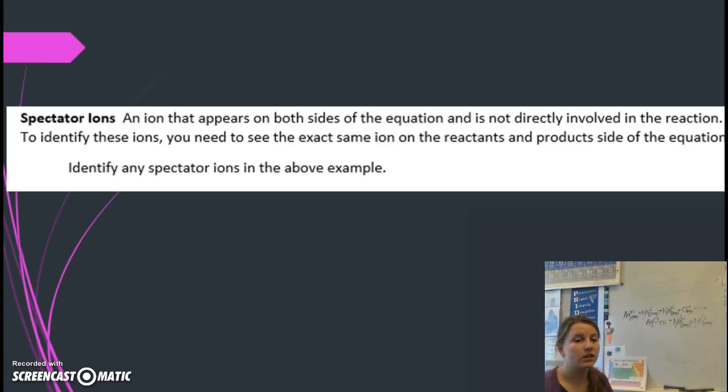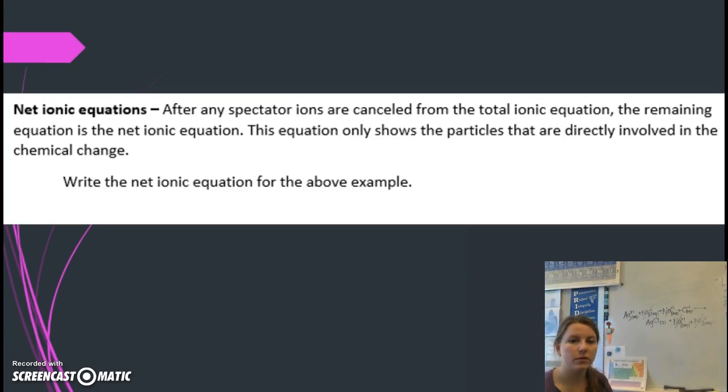Now we've identified the spectator ions, and we can use that information to help us write the net ionic equation. After the spectator ions are canceled from the total ionic equation, the remaining equation is the net ionic equation. This equation only shows the particles that are directly involved in the chemical change. To write the net ionic equation for the above example, we crossed out these two ions because they appeared on both sides.